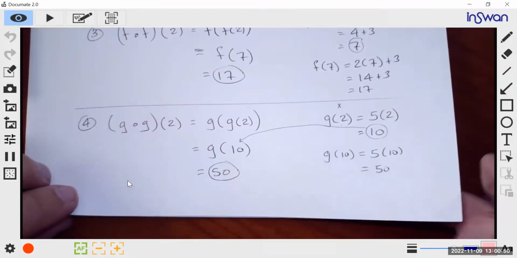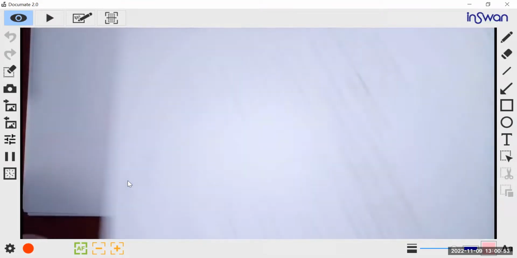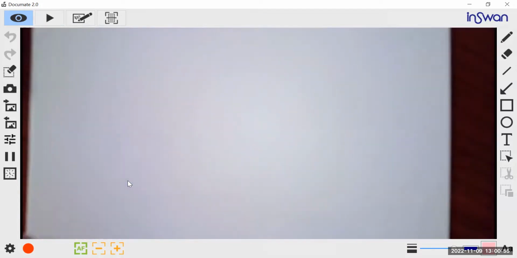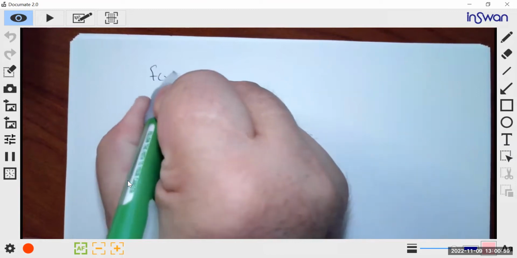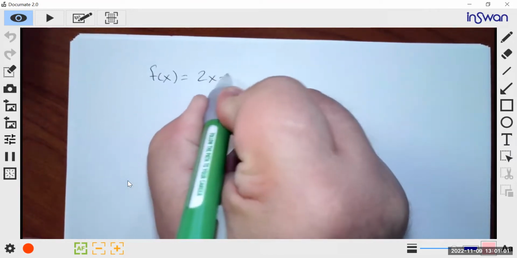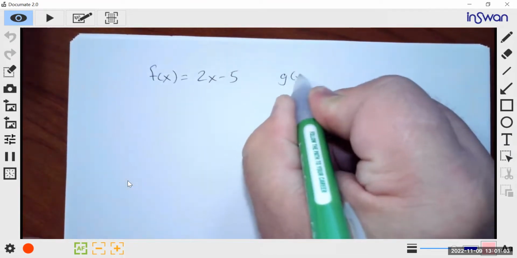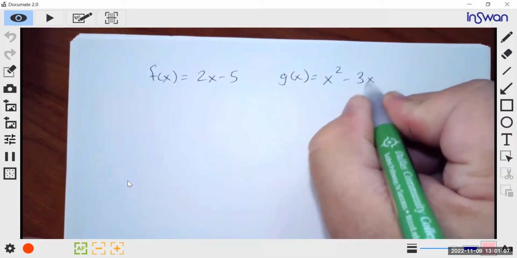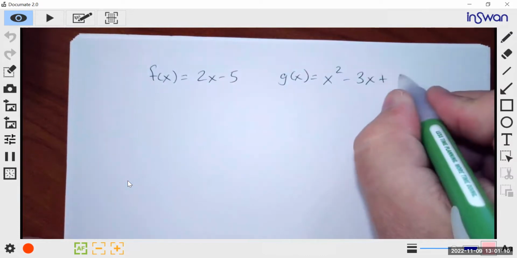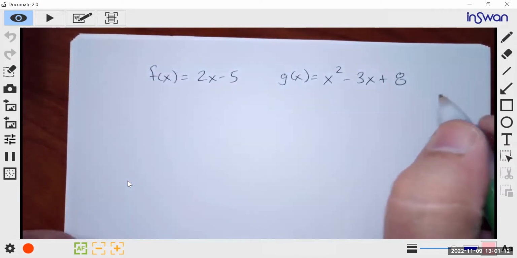Let's try some bigger ones. f of x is equal to 2x minus 5. And now g of x is a quadratic equation: x squared minus 3x plus 8.